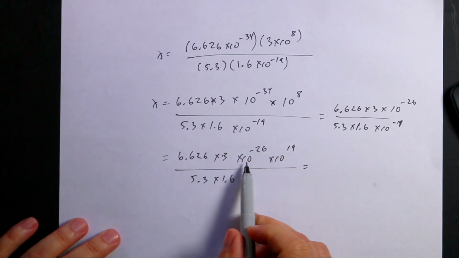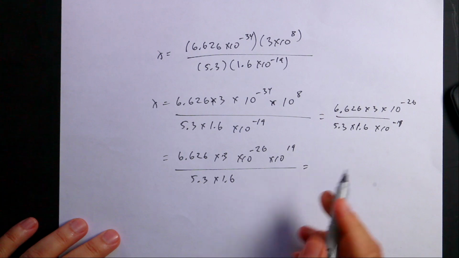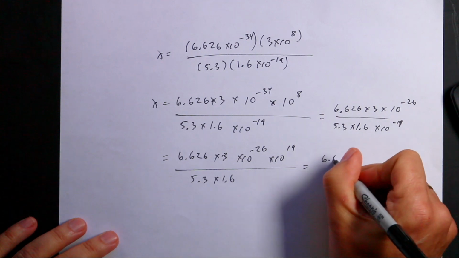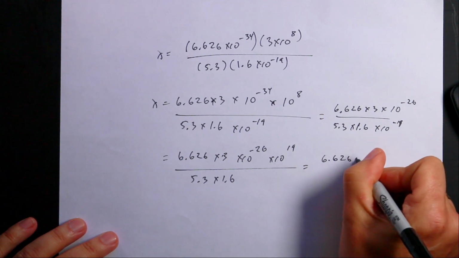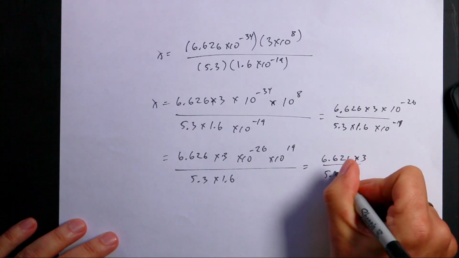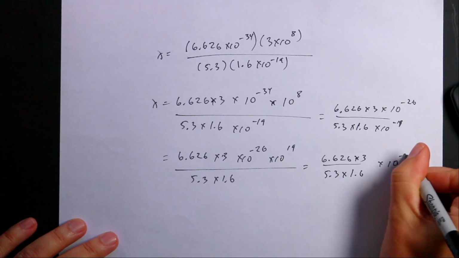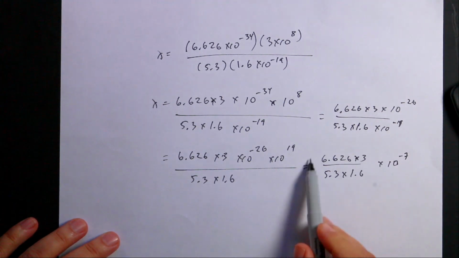So again, I can combine these. So I have 10 to the negative 26 times 10 to the 19th is going to be 10 to the negative 7th. So now I get 6.626 times 3, I'm going to put that all at the end, over 5.3 times 1.6, all that times 10 to the negative 7th. So now I just need to do this part.